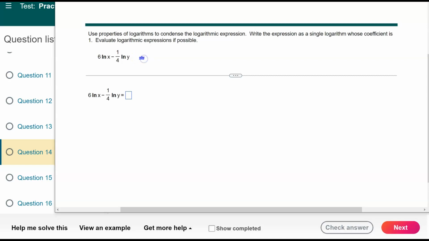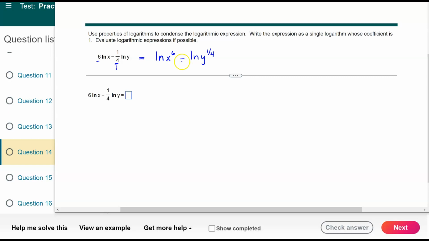first, if you are given the expanded form and you're condensing it, the first one that you have to apply is the power rule. That means you remove the coefficients here. So you would have ln. ln means logarithm base e, correct? So you have ln x to the 6 minus ln y to the 1/4. Then you combine them.